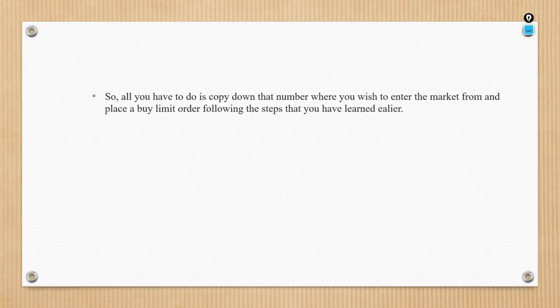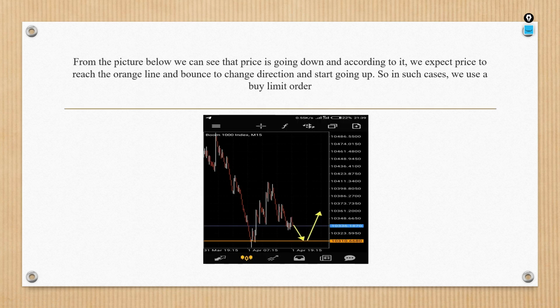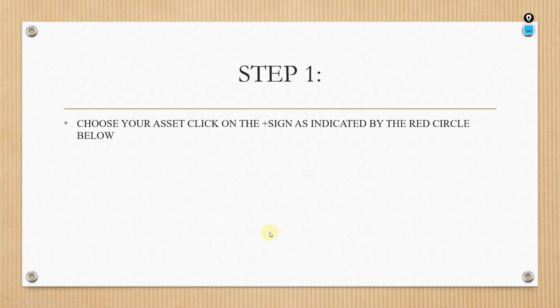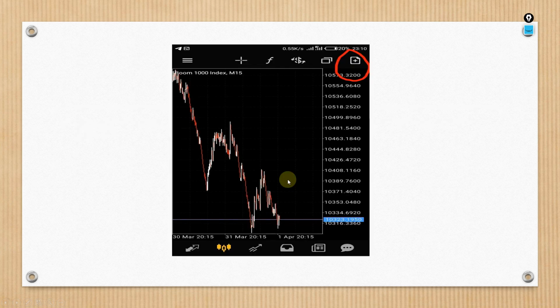So all you have to do is get this number where you've put this line, and this is where you're going to enter from. So this number, you reserve it somewhere, and these are the steps in order to set up your buy limit. If you want to enter a trade, you click on that plus sign, this one, right?